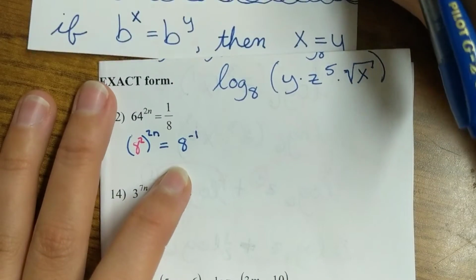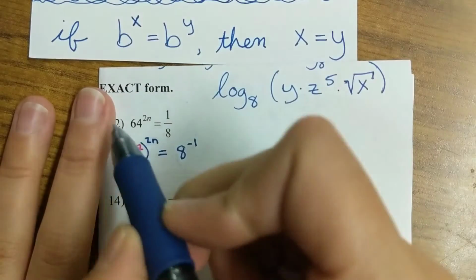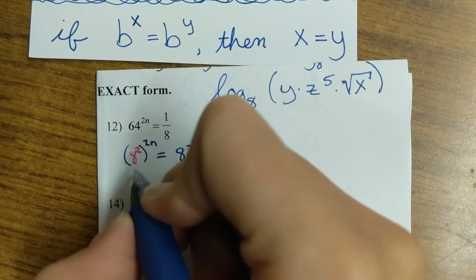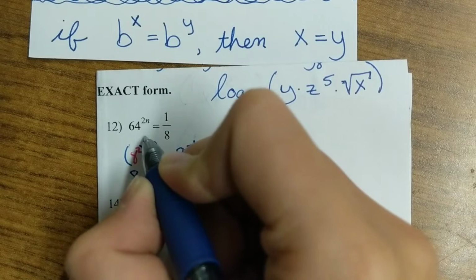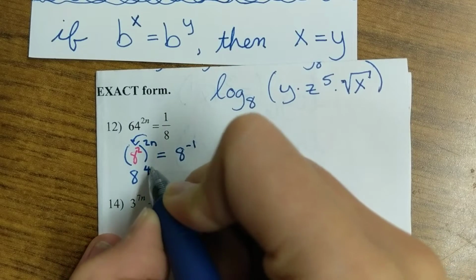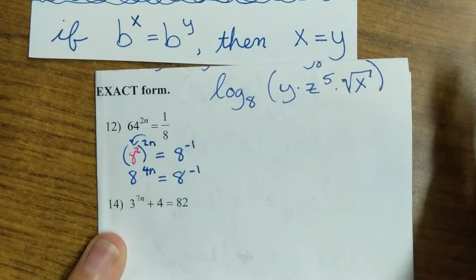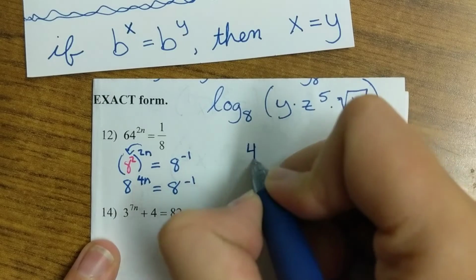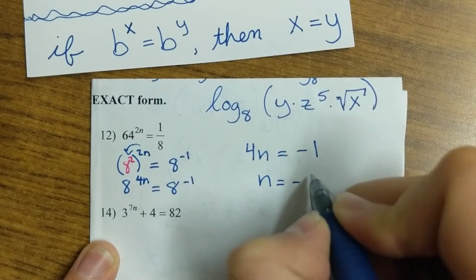All right, if b to the x equals b to the y, then x equals y. So let's clean this up to truly have a base of 8 on each side. So 8 to the power of these exponents will be multiplied. So 4n is equal to 8 to the power of negative 1. Now, x equals y. Exponent equals exponent. So 4n equals negative 1. n equals negative 1/4.